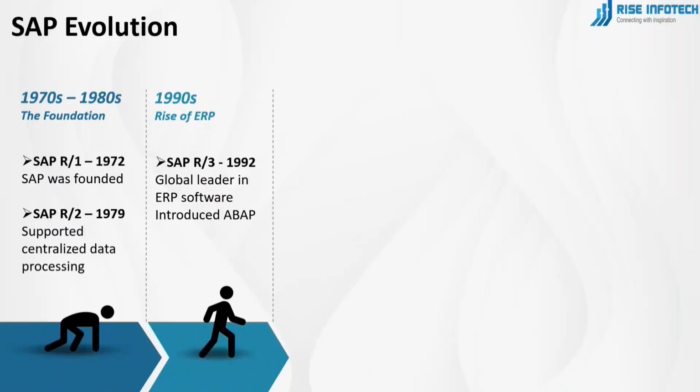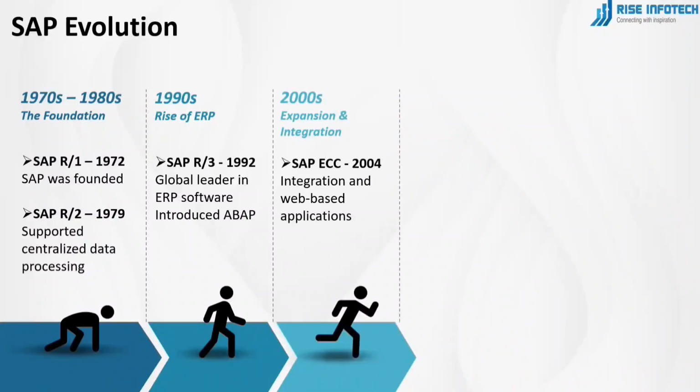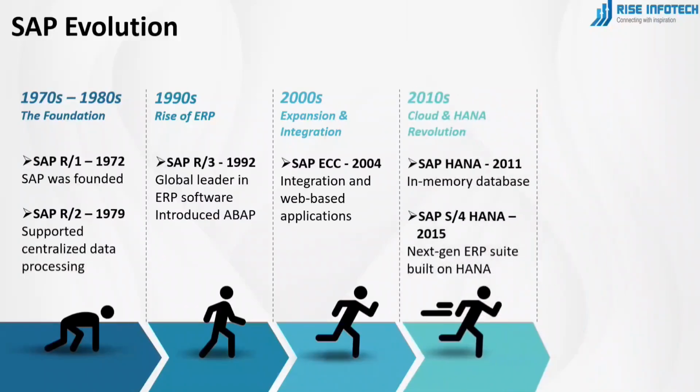It became one of the global leaders in ERP software, and it introduced ABAP. In 2000, SAP ECC was introduced, which was helpful for integration and web-based applications. In 2010, SAP HANA was introduced, and in 2015, SAP S4 HANA was also introduced.